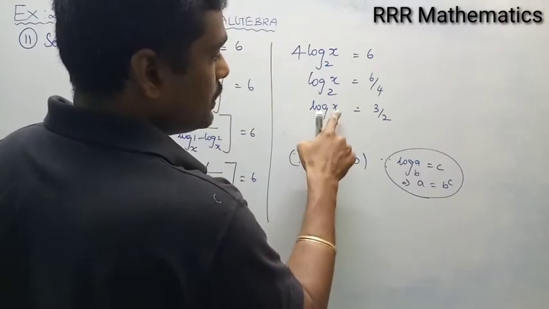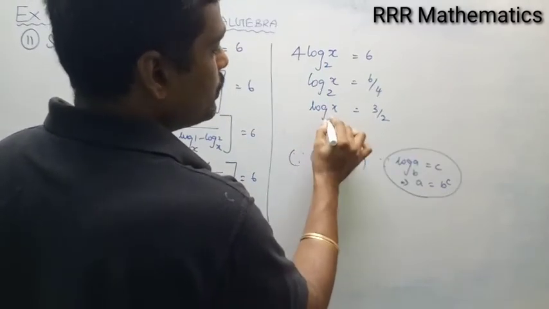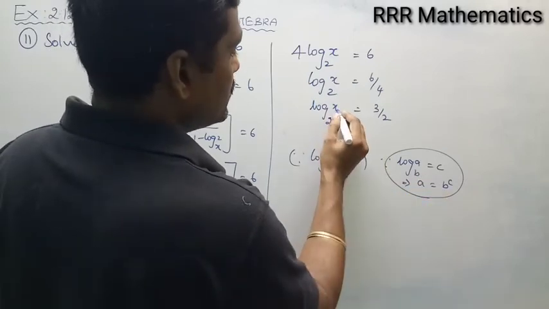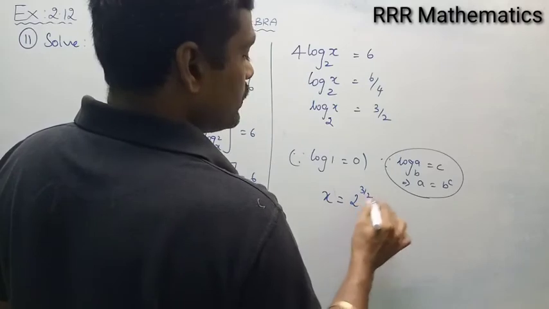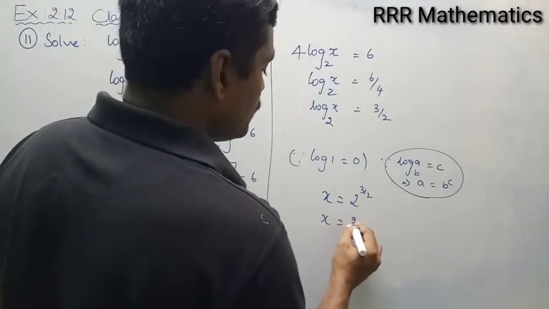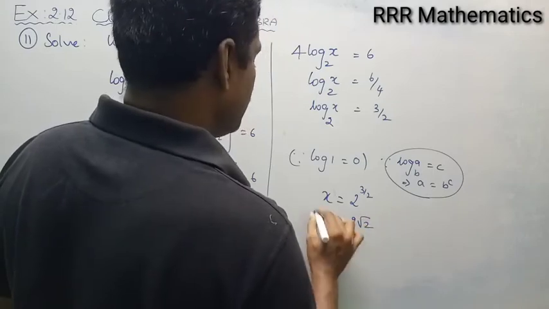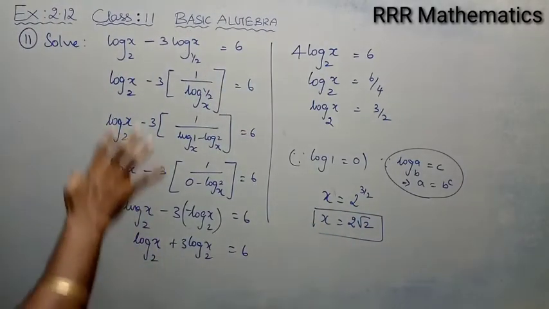Converting logarithmic to exponential, x will be 2 power 3 by 2. 3 by 2 is 1 and a half, so 2 power 1 times 2 power half, which is 2 root 2. Is it clear? Very simple.